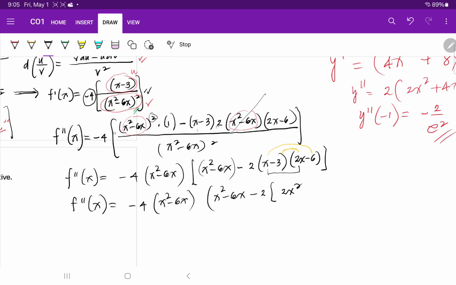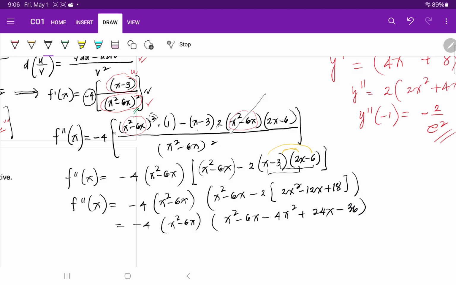So, we have negative 12x plus 18. It's 3 times negative 6. And so, if we distribute the 2, we have negative 4 times x squared minus 6x times x squared minus 6x. Distribute the negative 2. So, negative 4x squared plus 24x minus 36.